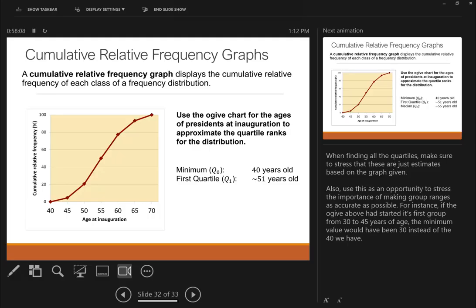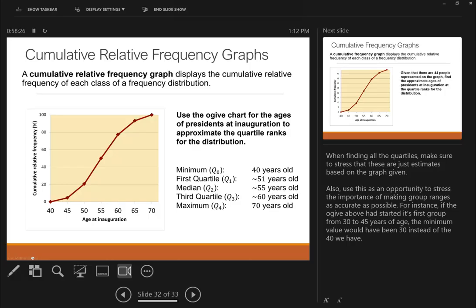Third quartile is 75. Trace over, trace down, maybe 61-ish. And then Q4 is the 100th percentile, so like 70 or 69 or something. Okay, 70, we said. Everybody cool? Really easy to get the quartiles from a cumulative relative frequency graph, right? We're just reading it over, tracing over.